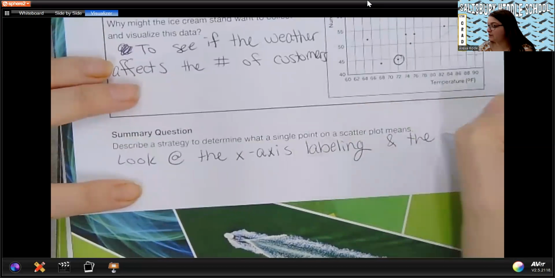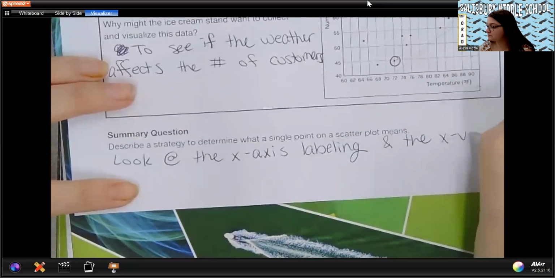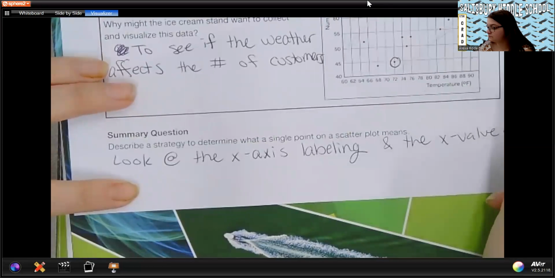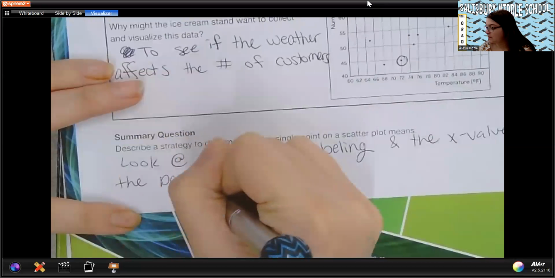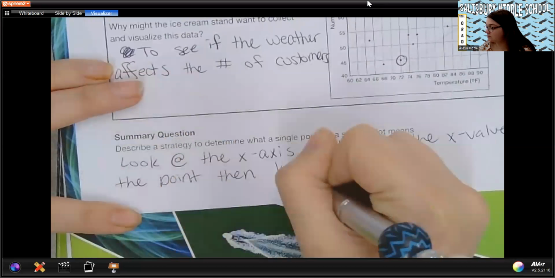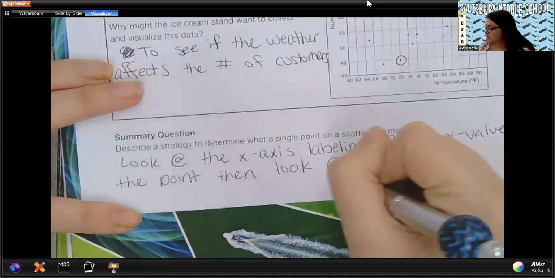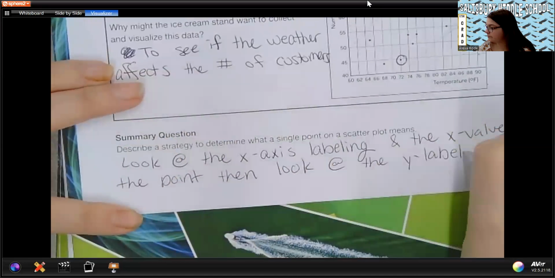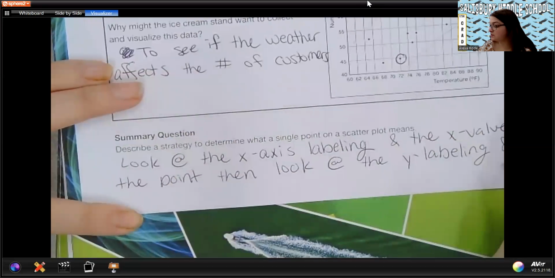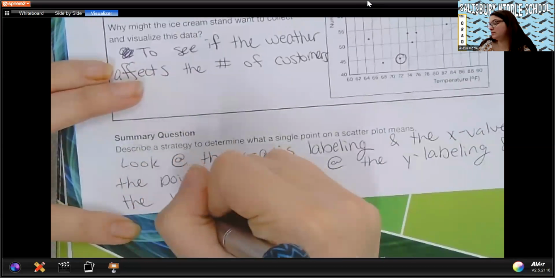And the X value of the point. Then look at the Y labeling and the Y value of the point.